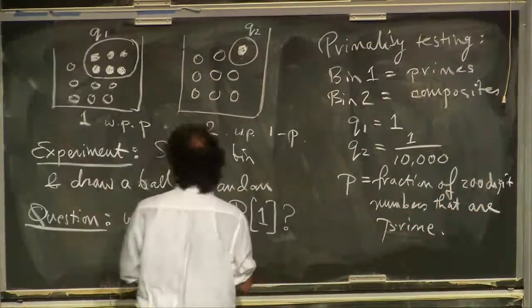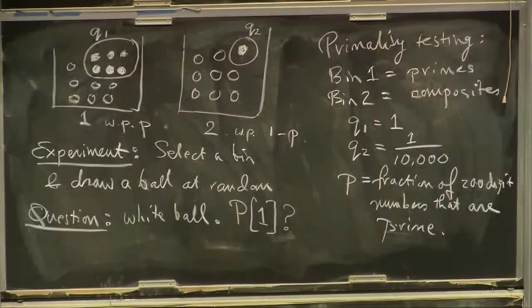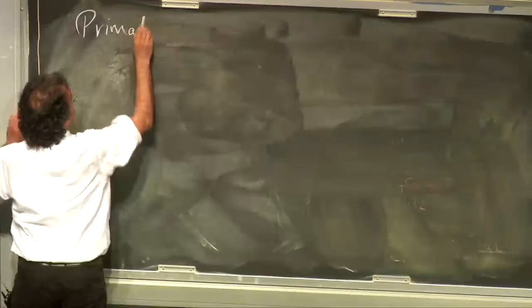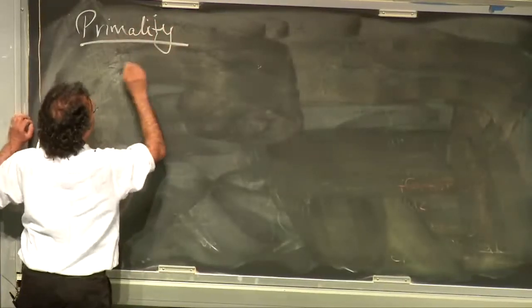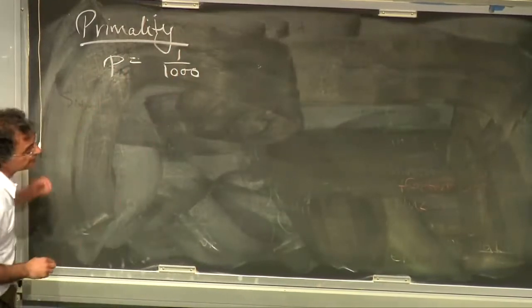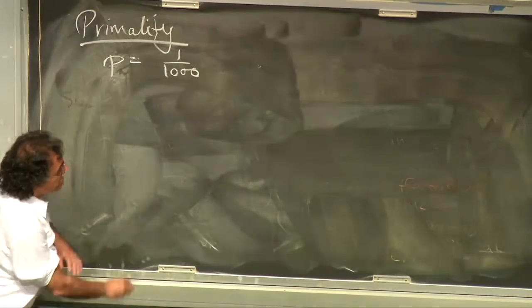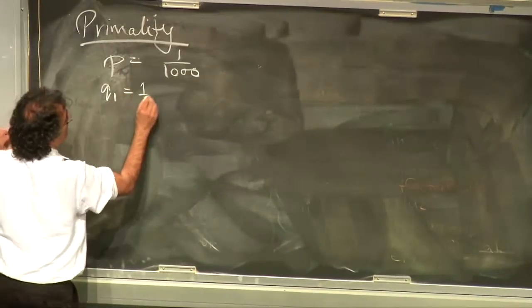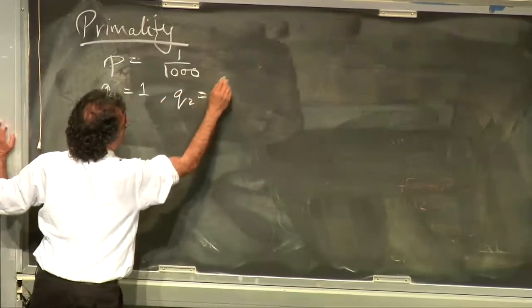Okay, so in this case, in the primality example, we have p equal to 1 over 1,000, q1 equal to 1, q2 equal to 1 over 10,000.